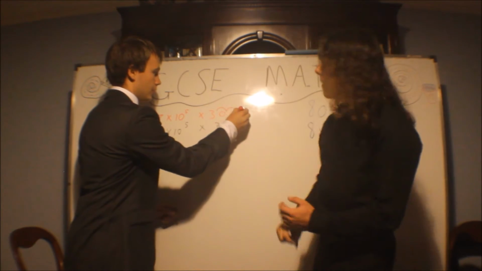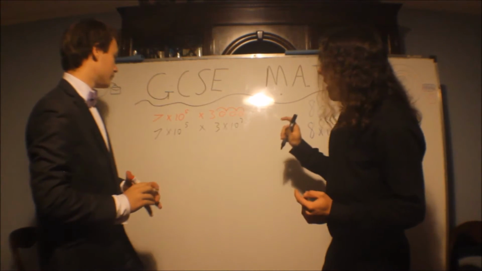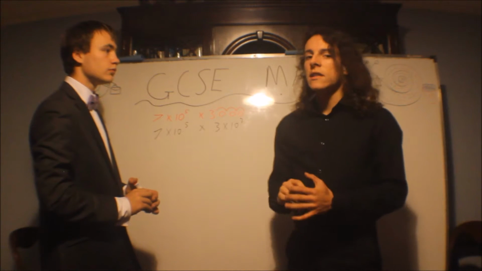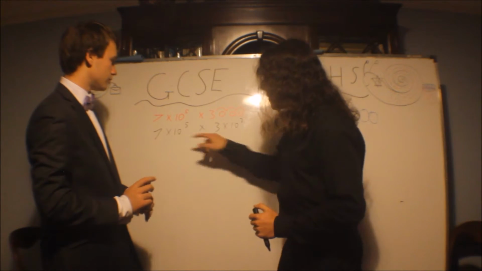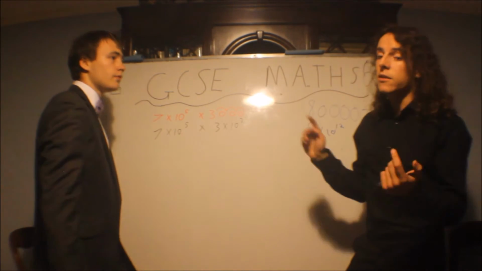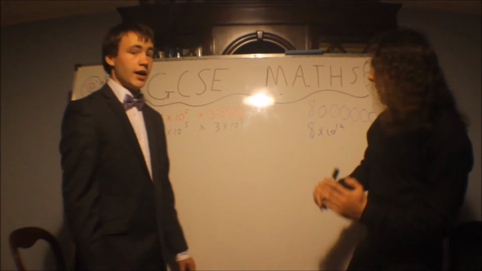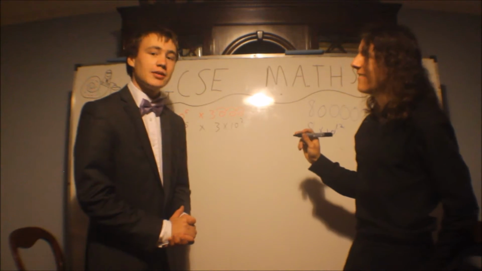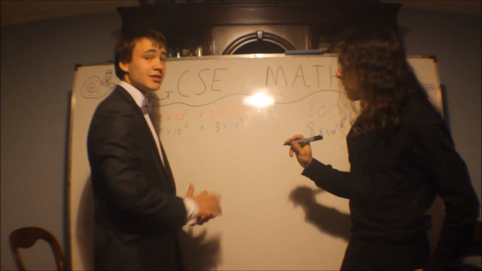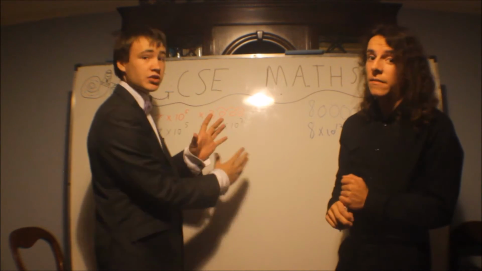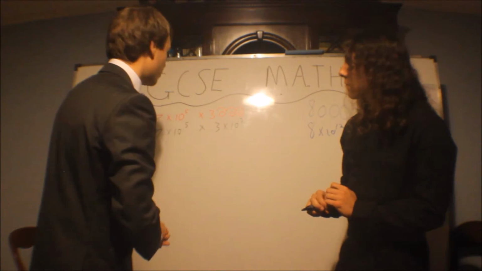Now, I think a good step, the next bit, is to separate our numbers and our times 10 to the. Houdini flip. Yes, love it. So, something you should know about multiplication, it doesn't matter which order you multiply them in. So there's a logical way you can do this.